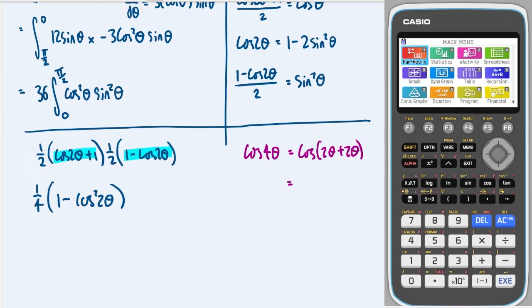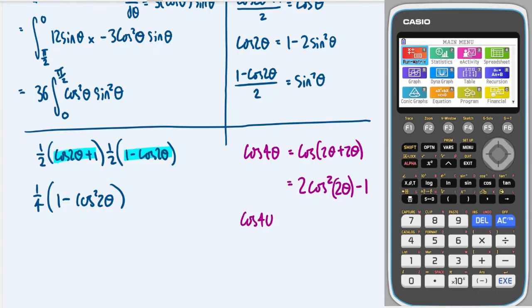And we know the double angle for cos is 2 lots of cos squared, in this case 2 theta, minus 1. Okay, so what I can do is rearrange for cos squared 2 theta, which is what I have over here.